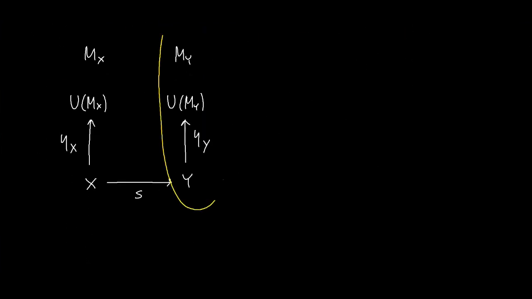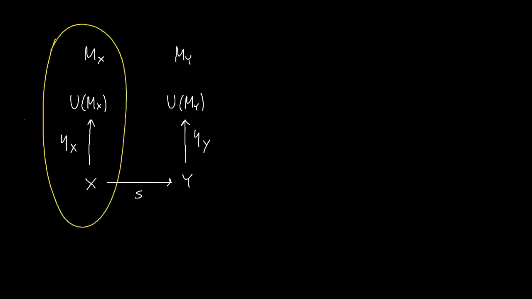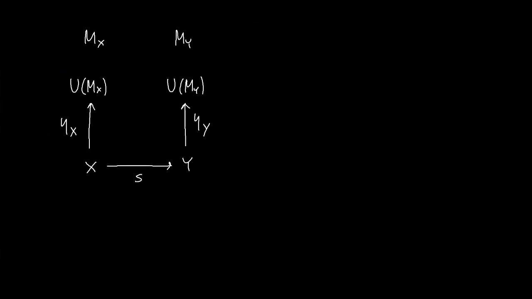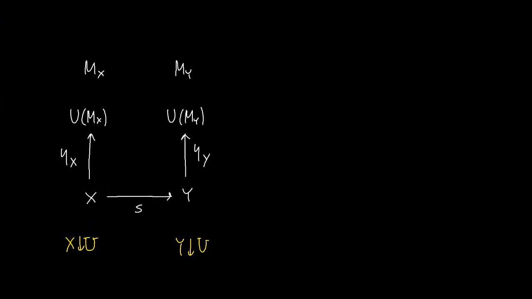I can't take this object because that does not live in the same comma category as this one does. This is only initial in x comma u. That one is initial in y comma u. So I don't yet get anything connecting these two objects because they don't even live in the same category.